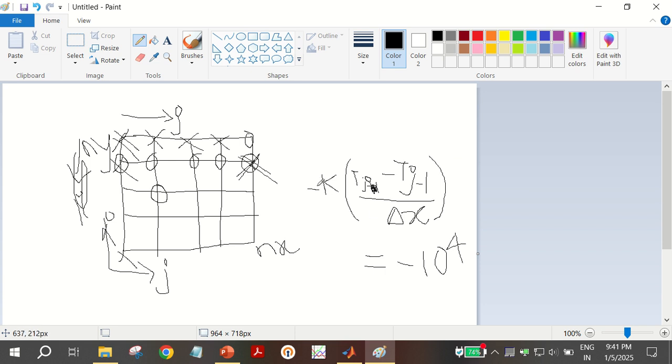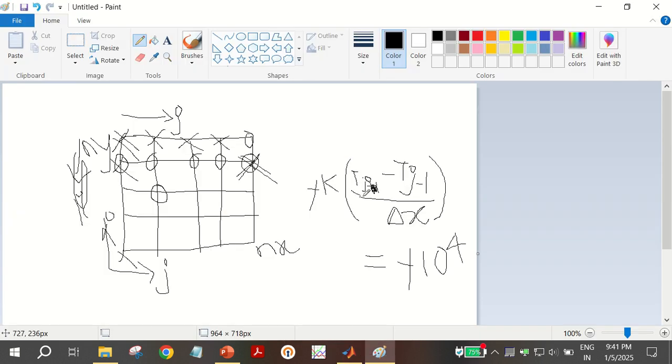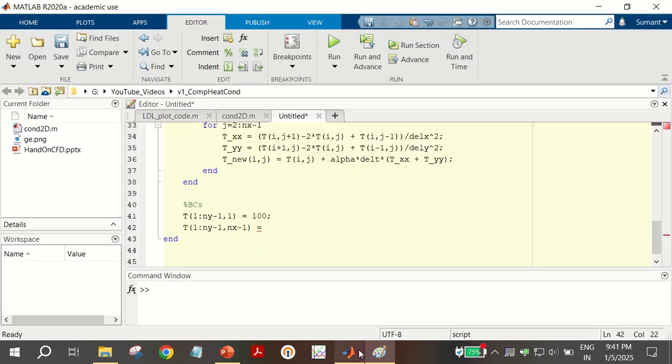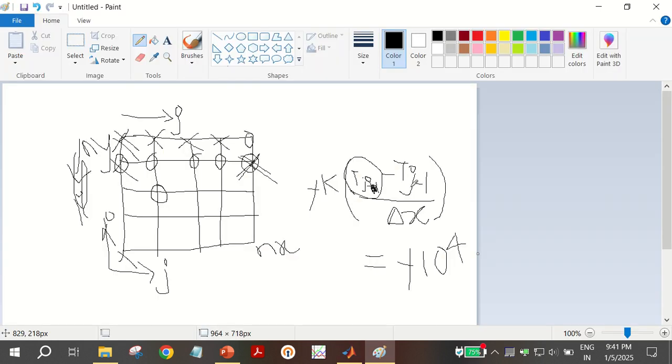Let me cancel out this minus and minus. What you are trying to write in the code is T of j, that is the boundary. Sorry, this will be nx, not nx minus 1. Nx is the boundary, so nx minus 1.